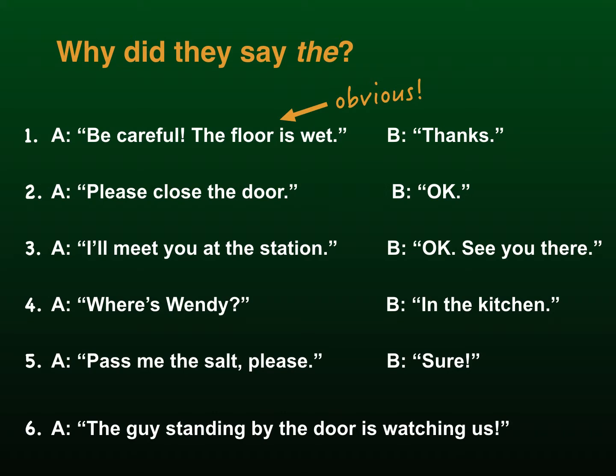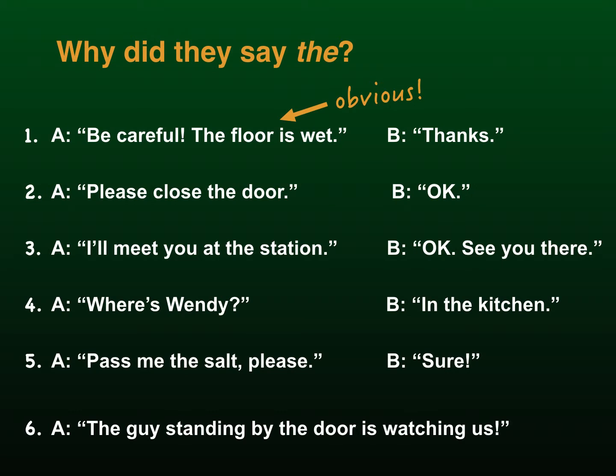Number 4, most houses have only one kitchen, so that's definite, it's in the kitchen. For number 5, we should imagine people eating at a table, so there would only be one pot of salt available, so it's the salt.